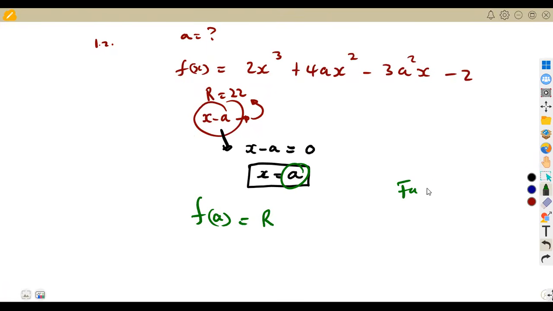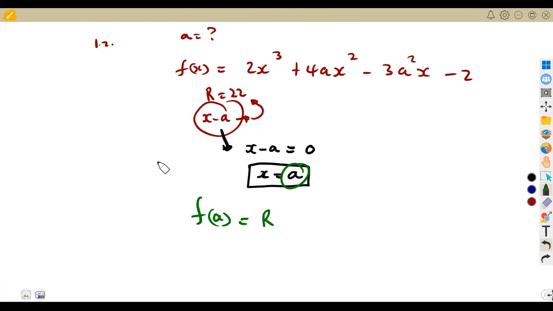If it's a factor, there is no remainder, so f of a is supposed to be equal to 0. But when you are given a remainder, you equate f of a to the remainder. These are the only two things you need to know about this topic.